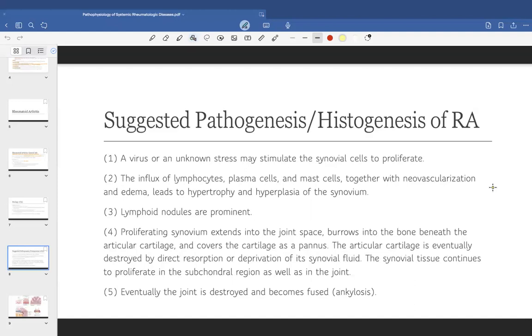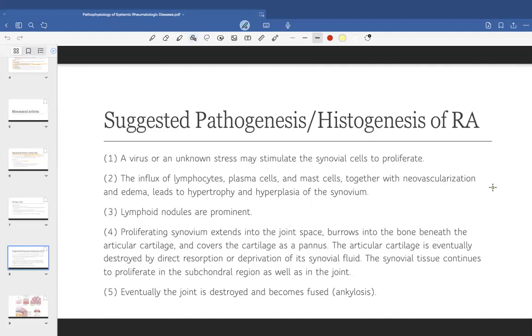Then there can often be the development of lymphoid nodules, which are shown in this top right picture.